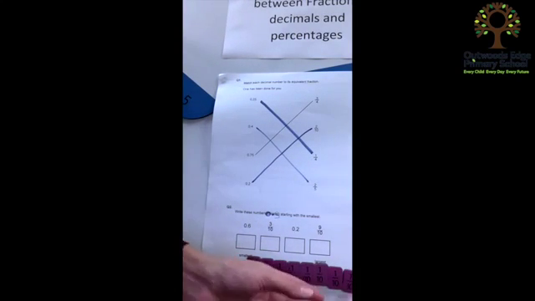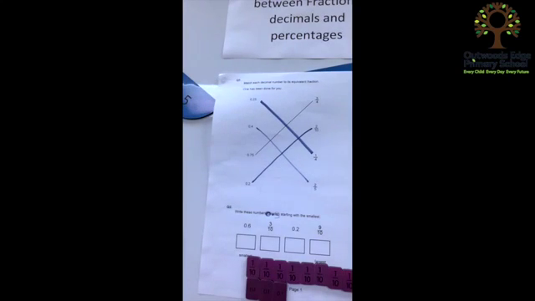and then I can do the same with 9/10. So I'm going to make the 9/10 first of all. 4, 5, 6, 7, 8, 9. I can see that is equivalent to 0.9.